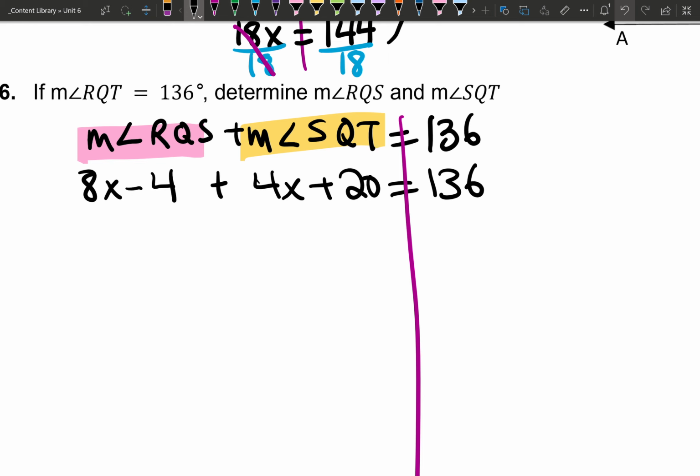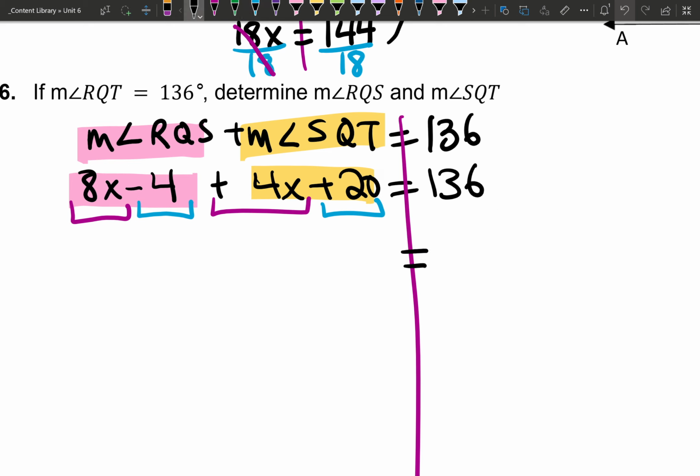I didn't mean to do that. I meant to highlight in pink and highlight in yellow. Okay, do you see some like terms on the left? I actually see two pairs. I see 8x and 4x. I also see minus 4 and plus 20.